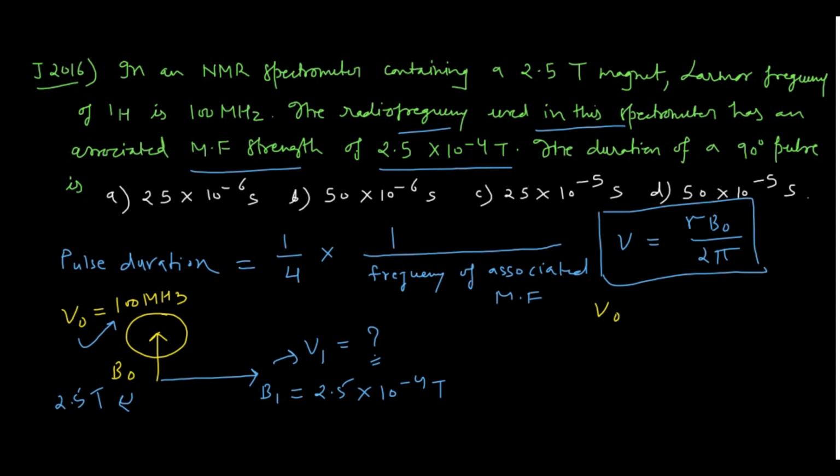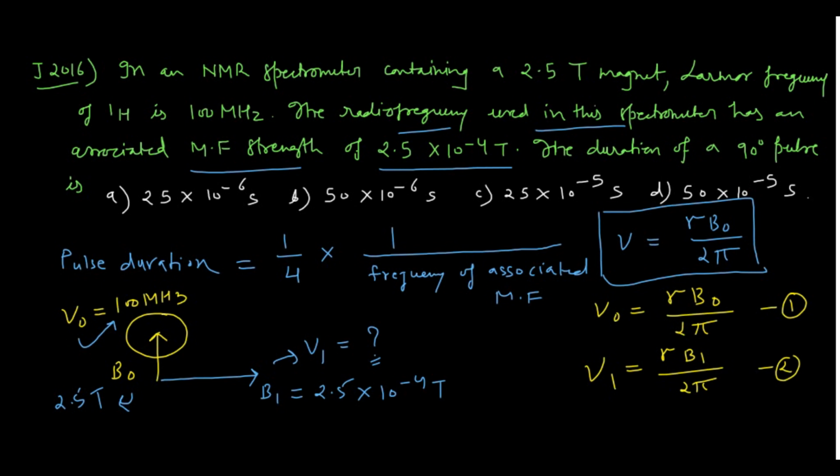For the first one, nu0 equals gamma, the gyromagnetic ratio, times B0, divided by 2 pi. This is equation number 1. For the associated magnetic field, gamma is constant because both are protons, and the magnetic field is B1, so nu1 equals gamma B1 divided by 2 pi. This is equation number 2.